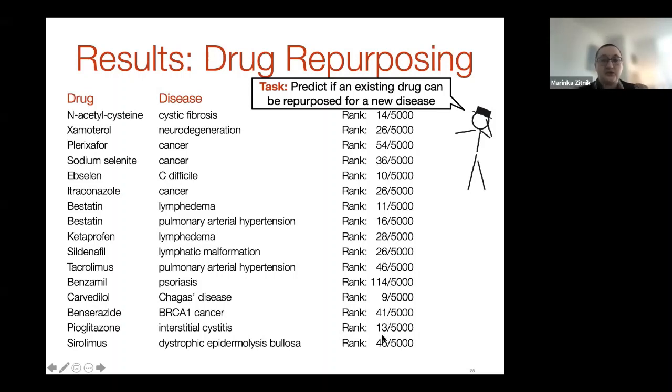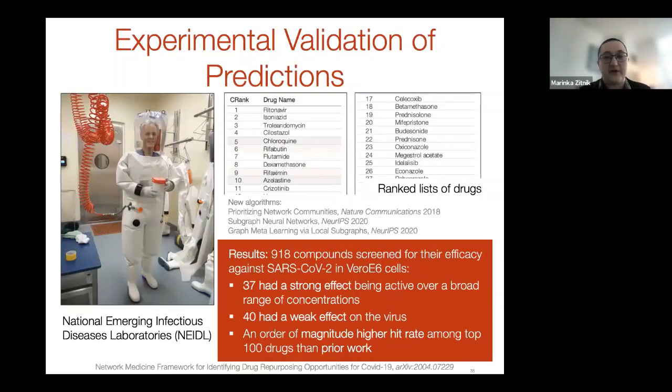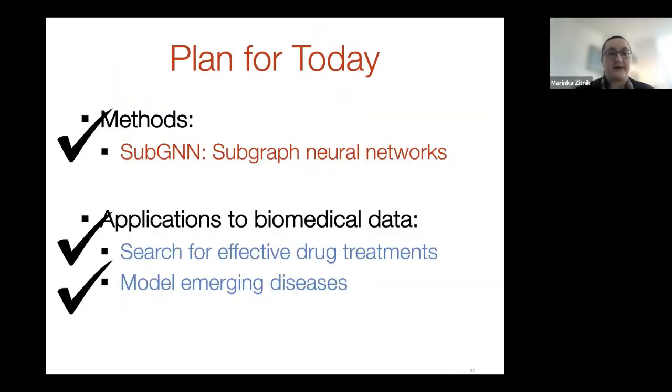In all cases, the successfully repurposed drugs were actually predicted close to the top of our prediction list, indicating really promising opportunities and promising results that led to follow-up work with our biological collaborators in the lab, including work, for example, for COVID-19 last year, where our team was part of several task forces that led to experimental validation of predictions made by the algorithms in really wet labs and labs that worked with live viruses. So I'll wrap up here.